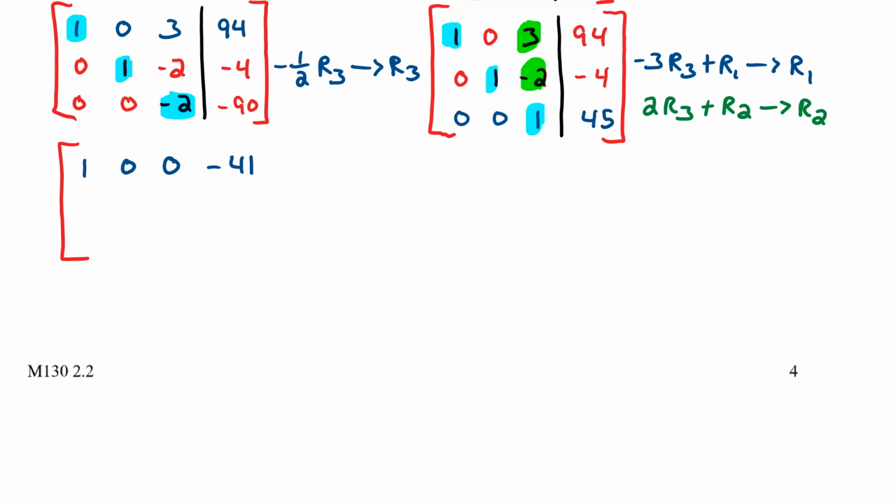So we will have entries of 0, 1, 0, and then 2 times 45 minus 4 is going to be 86. We are not changing the bottom row in this step, 0, 0, 1, 45.